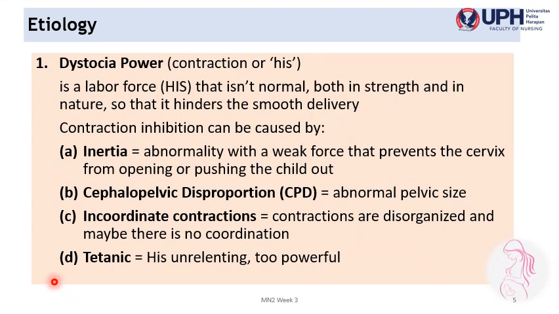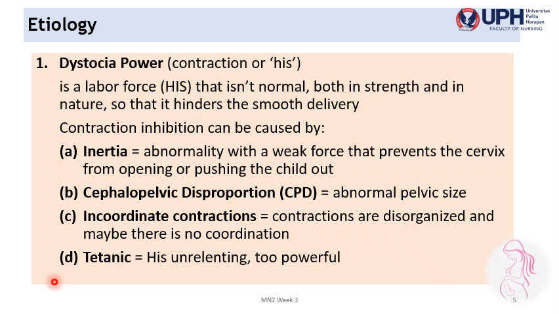What is the etiology? There are factors that characterize dystocia in labor. The first one is dystocia of power. It means that the contraction, or the "his" as we call it, is not normal, and the strength and the nature are not normal, so it hinders the smooth delivery.